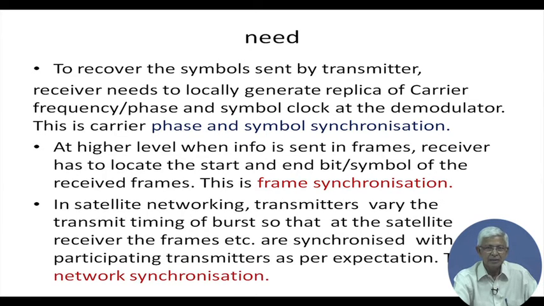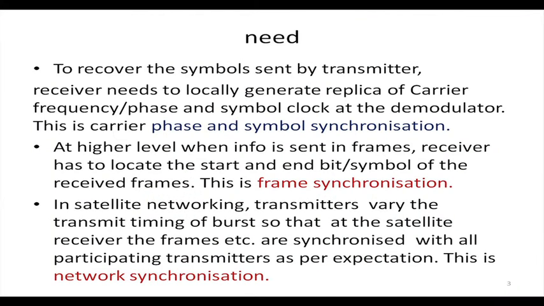There is one more thing. A satellite is a resource covering a wide area, and when that area is covered, many users are trying to access the satellite resource. So many transmitters are there. We have seen this example in ATM and other cases.